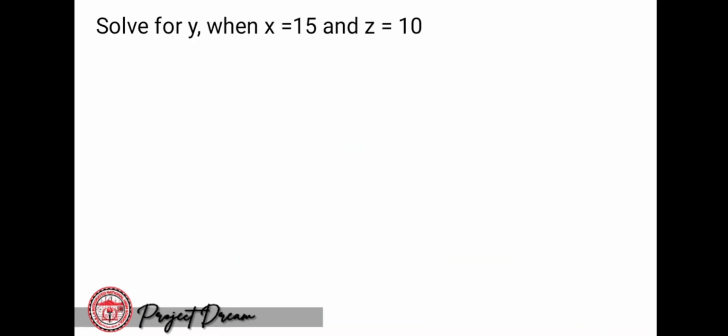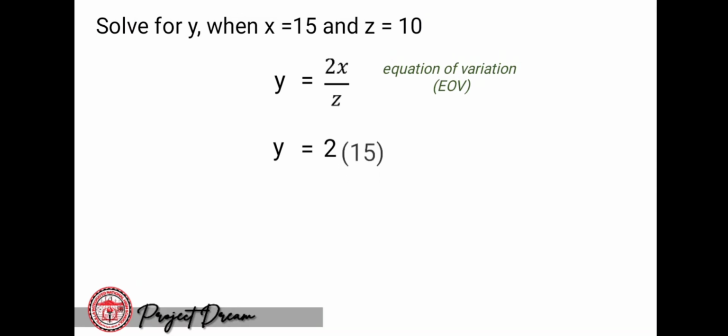Next, we will solve for y when x is equal to 15 and z is equal to 10. So, sulat natin yung equation of variation na nakuha natin, which is y is equal to 2x over z. Sumunod, kopyahin ulit natin si y, and then si 2. Sunod, substitute natin yung value ni x which is 15, and then yung value ni z which is 10.